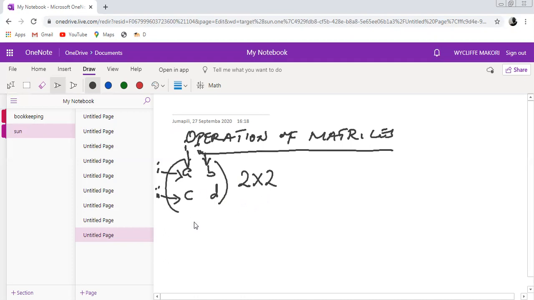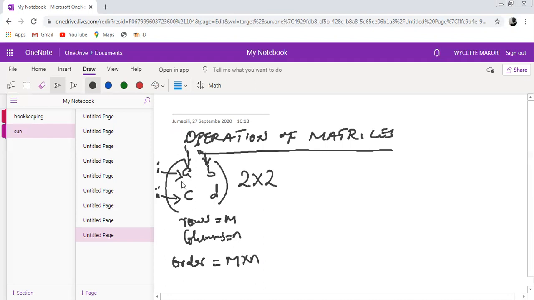The number of rows is normally denoted by M, and the number of columns is normally denoted by N. So the order of any matrix is given by M, the number of rows, times the number of columns, and not the other way.